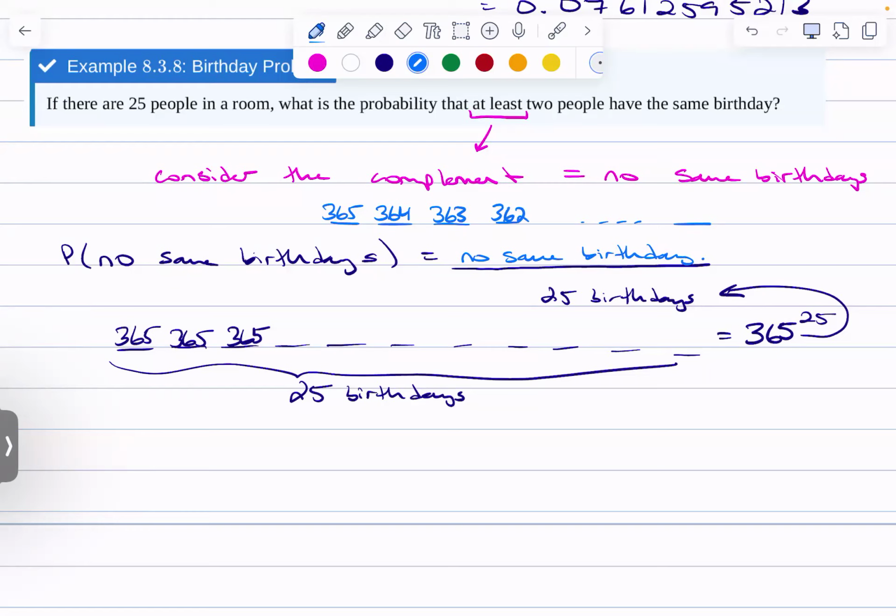I don't want to do the math. This is the same as 365 P 25, permuted 25 ways, because the number of options is decreasing.